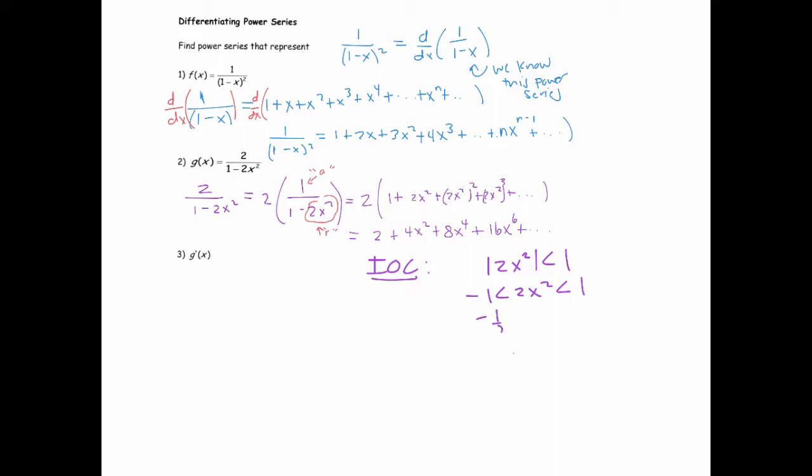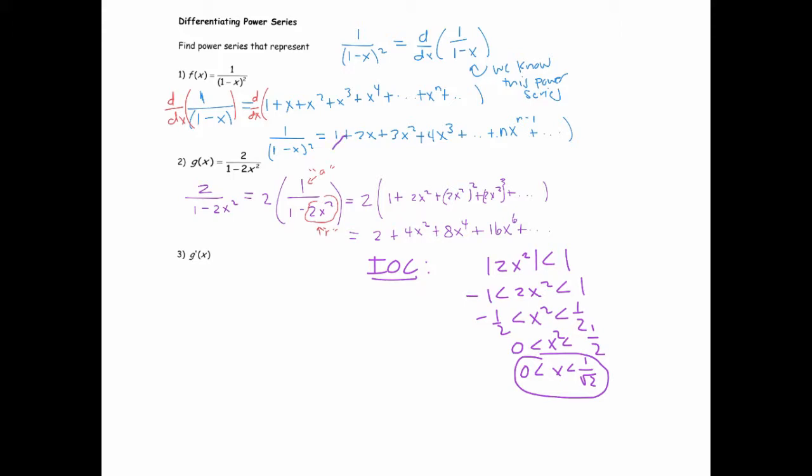Dividing by 2 yields this. Now a square number is always positive, so the negative 1/2 being less than x squared is not really giving us any information. So I'm just going to write this instead. And square rooting would give us that as the interval of convergence. So my interval of convergence is 0 less than x less than 1 over root 2.